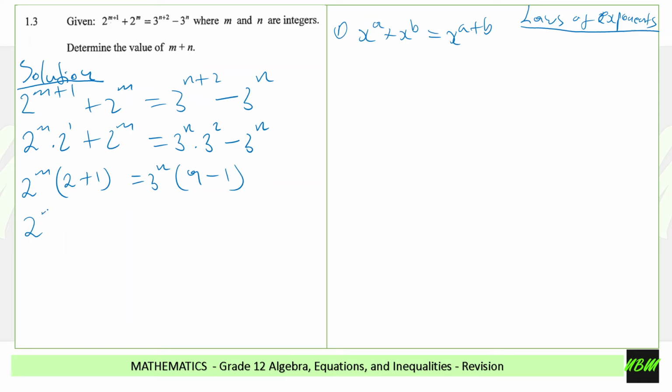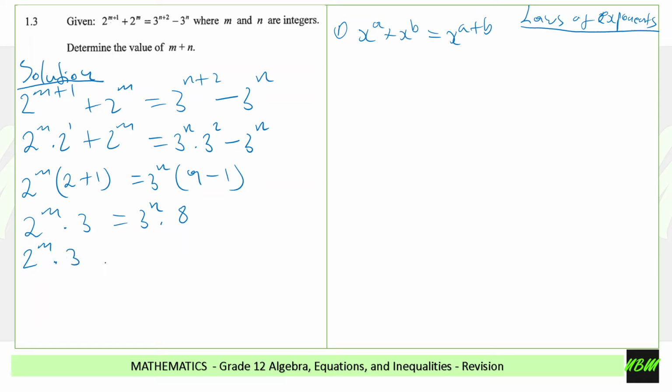Then we have 2 to power m multiplied by 3 is equals to 3 to power n multiplied by 8, of which 8 can still be written as what? As 2 to power 3, with a base that is a prime number.